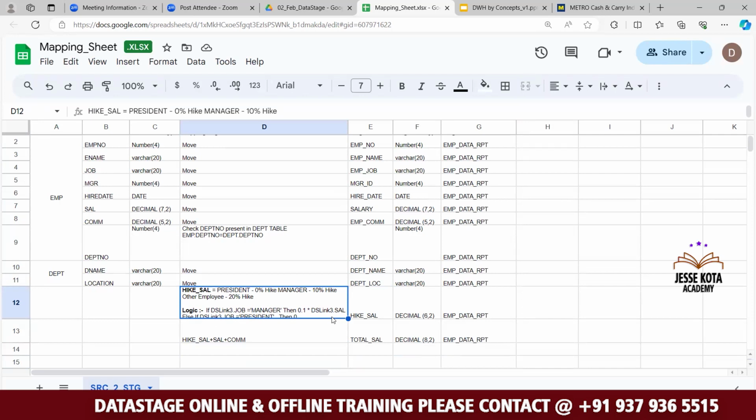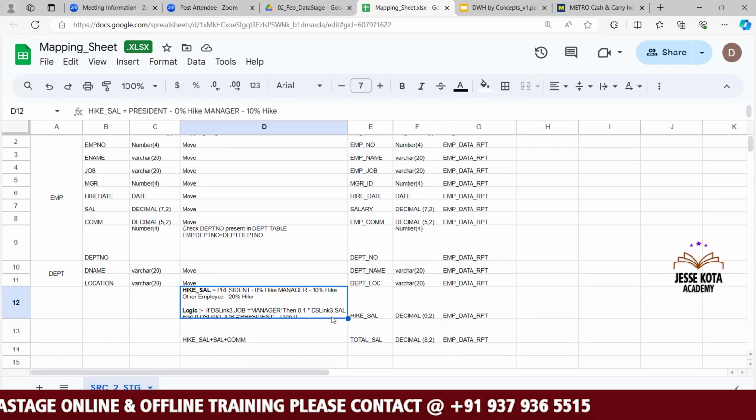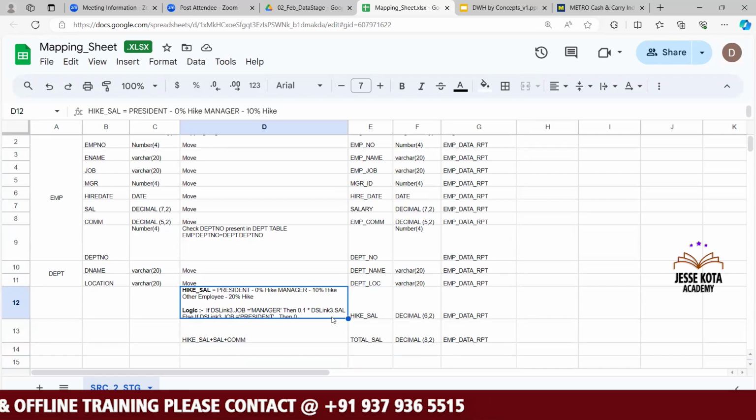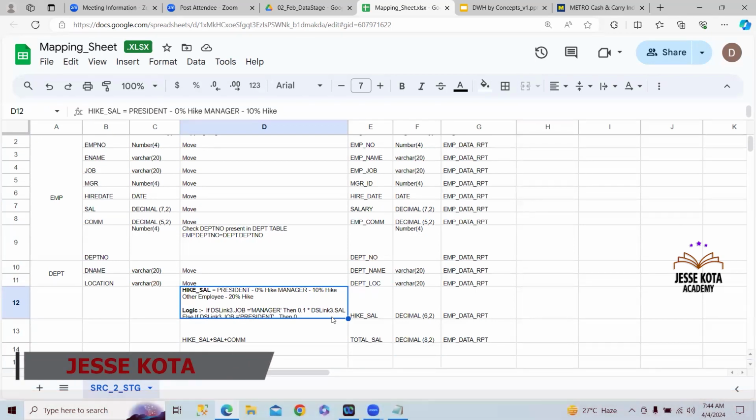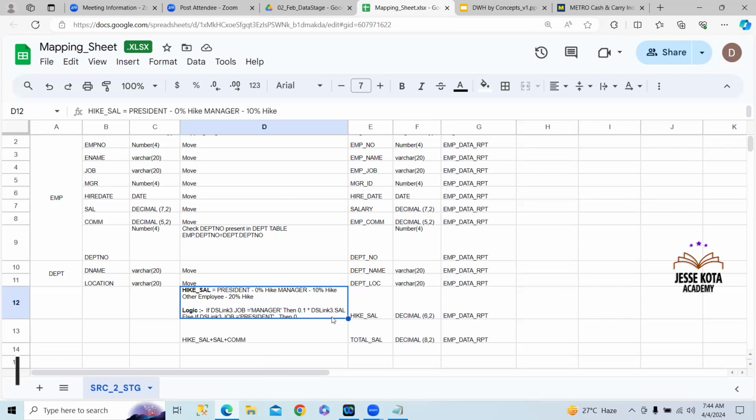Here we are giving a salary hike to the employees. This is one realistic case study. If the designation is president, no salary hike. If the designation is manager, a 10% salary hike, and other employees, 20%. Like that, we want to calculate the hike salary, and here we need to calculate the total salary.